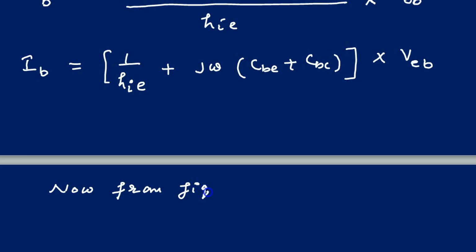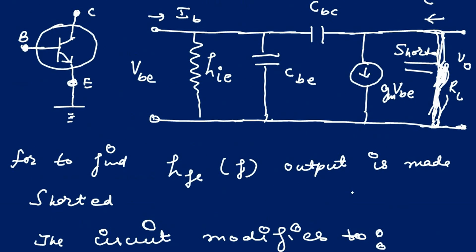Now again, the current generator has current value IC equals GM into VBE. This is IC, GM into VBE.